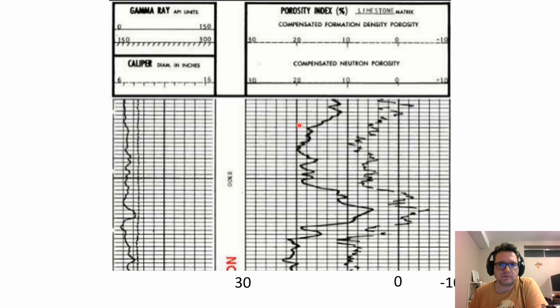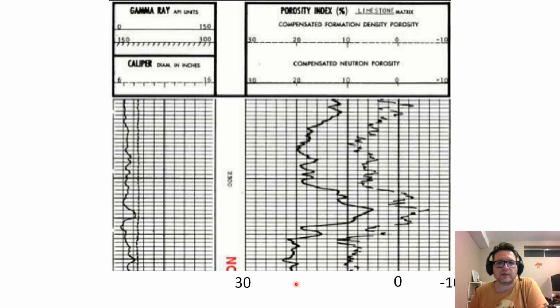the scale is something that we need to pay attention to, because we might have, as we have seen, minus 15 to 45 percent porosity, or in this case we have from minus 10 to 30% porosity. So the zero will be somewhere inside the scale.